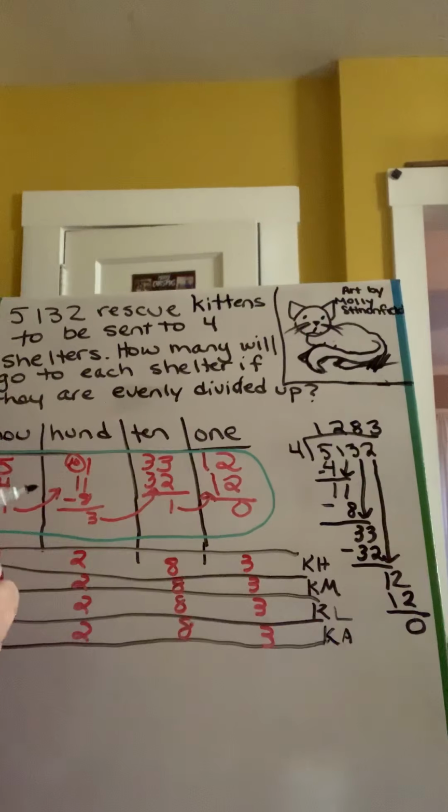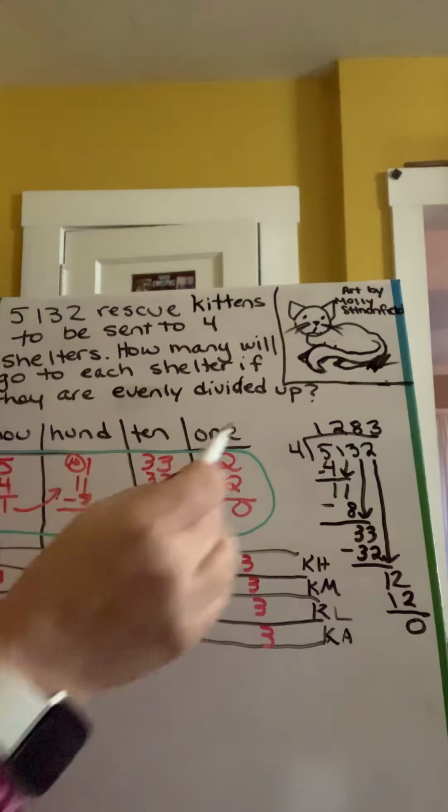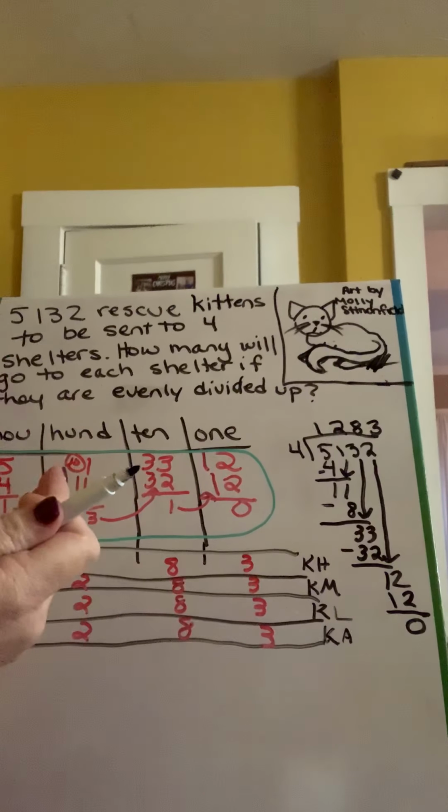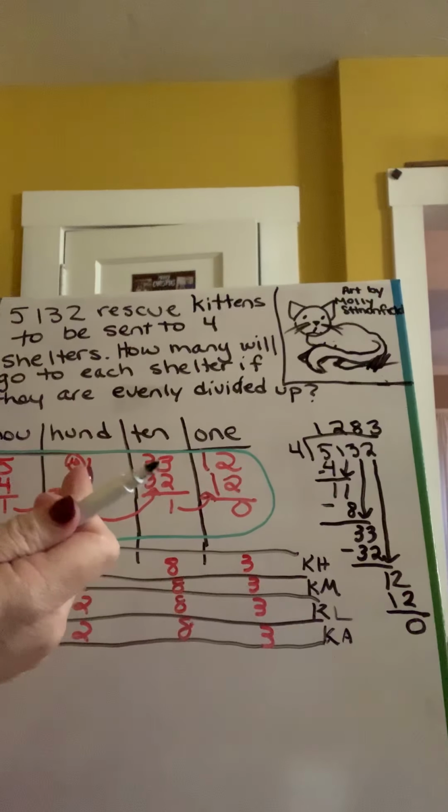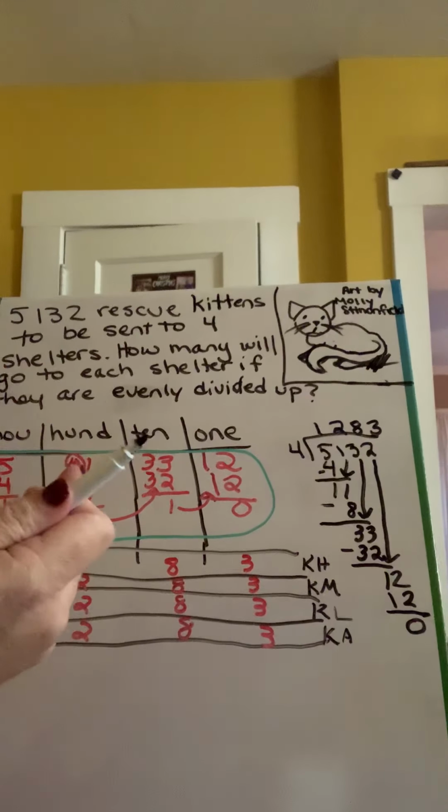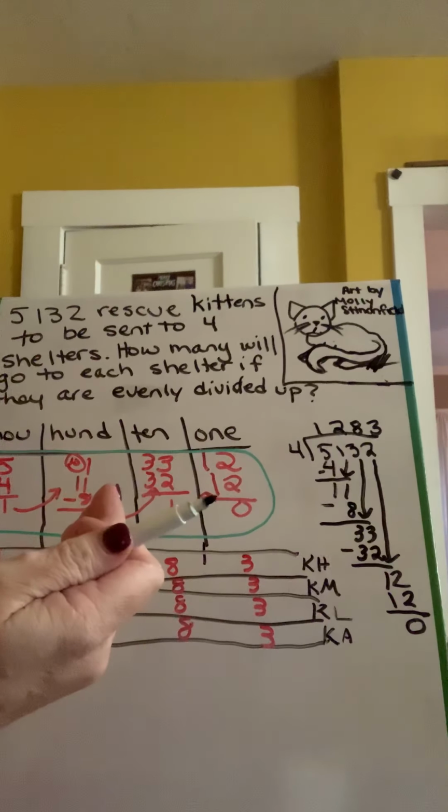Now there's one more final step that I would do here to make sure you're right. Is first estimate. Does that even sound right? 5,132 divided by 4 is 1,283. Does that even sound right? Yeah, I agree.